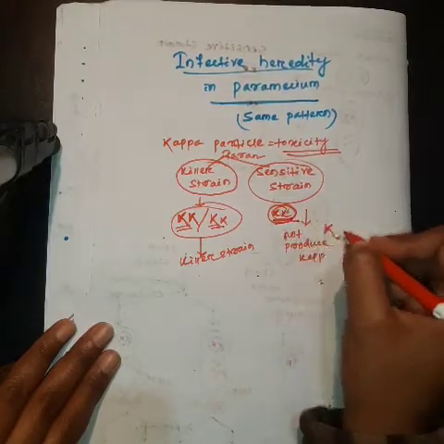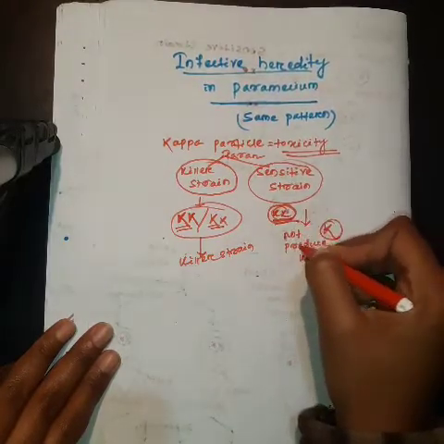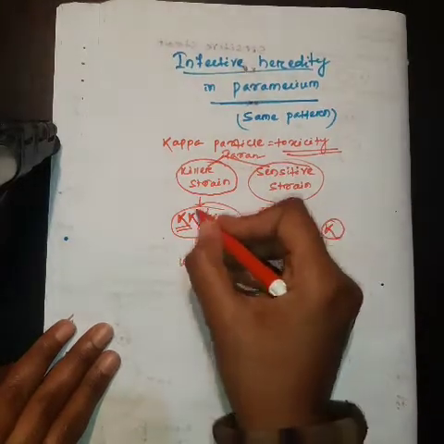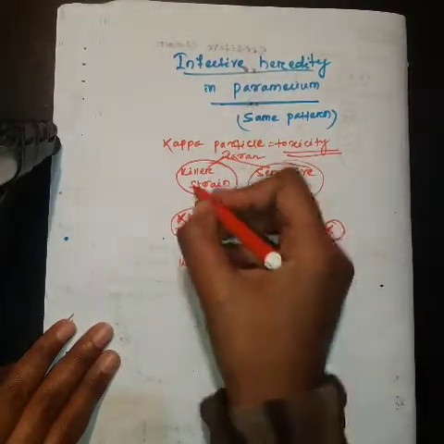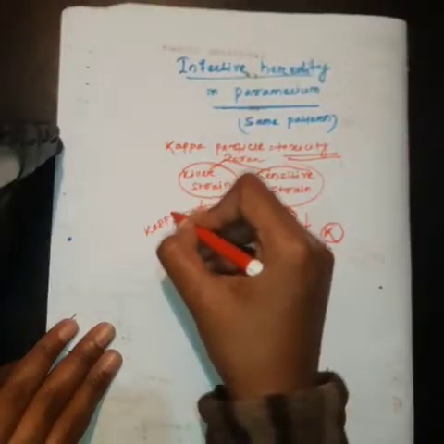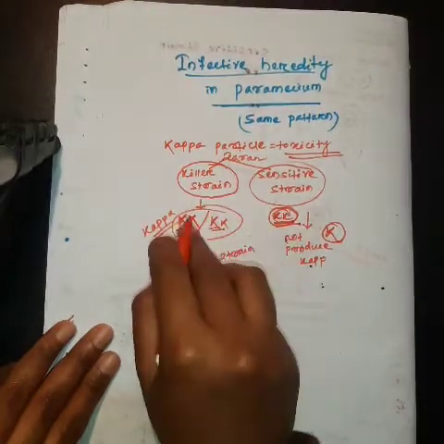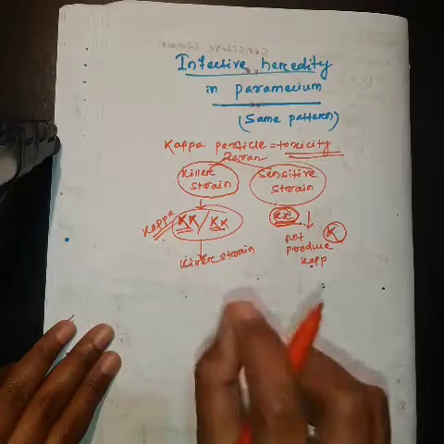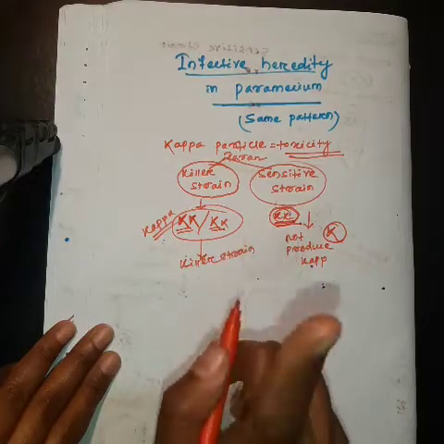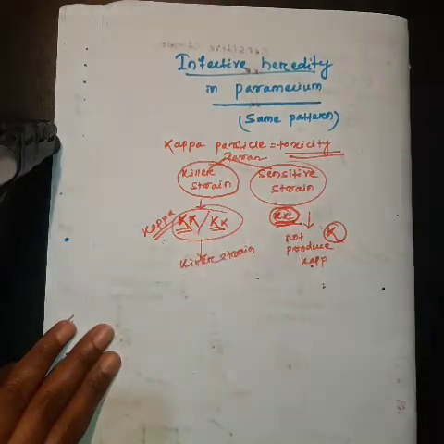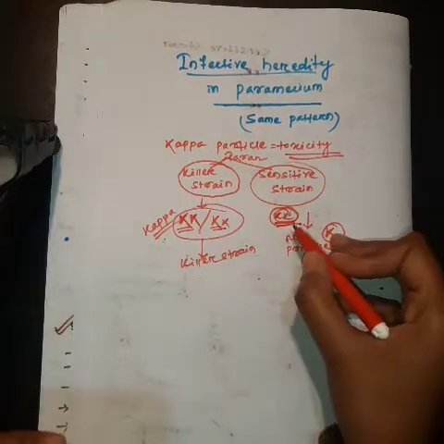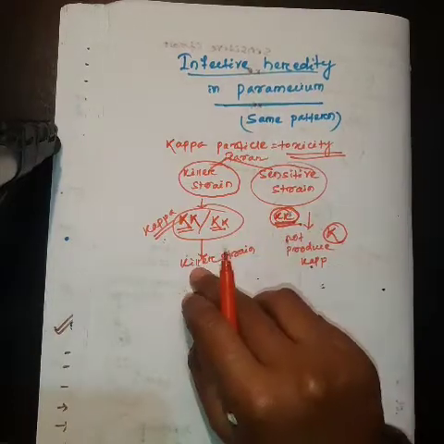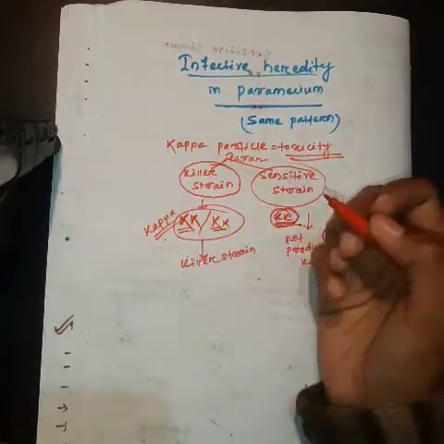In absence of a dominant allele, the kappa particle cannot multiply itself, and in absence of kappa particle, the capital K gene is not produced. So for production of kappa particle, one copy of the capital K gene is necessary. Hence, in absence of capital K, no kappa particle is produced, and in absence of kappa particle, no capital K is produced.